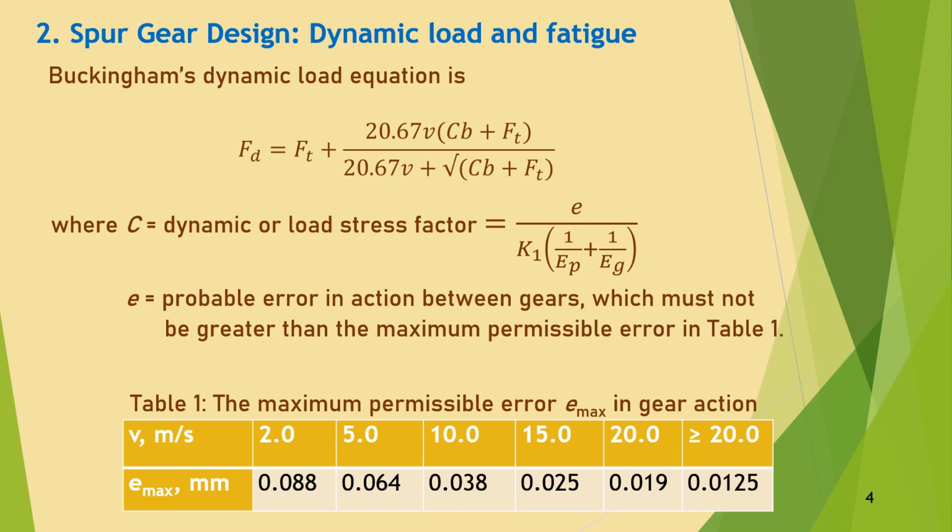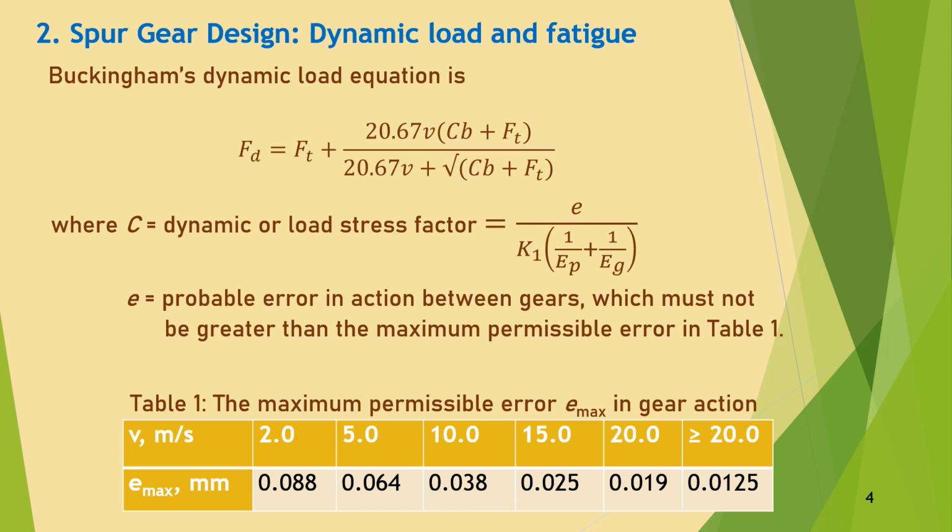Buckingham's dynamic load equation is given here, where Fd is dynamic load, Ft is tangential tooth load, V is pitch line velocity, b is beam width, and C is known as dynamic or load stress factor, which is a function of the probable error in action between gears. K1 is a constant.